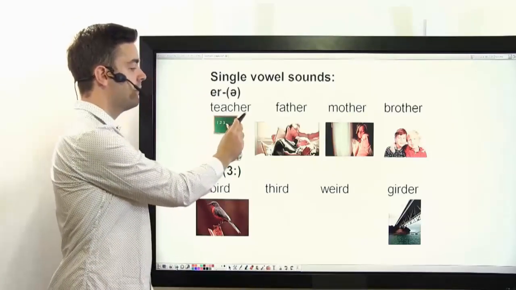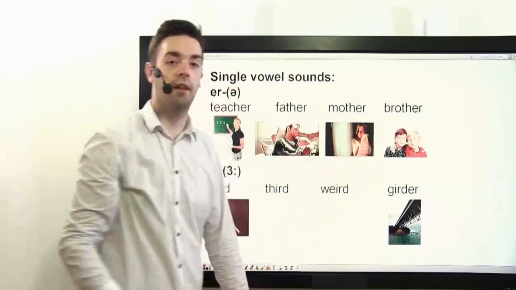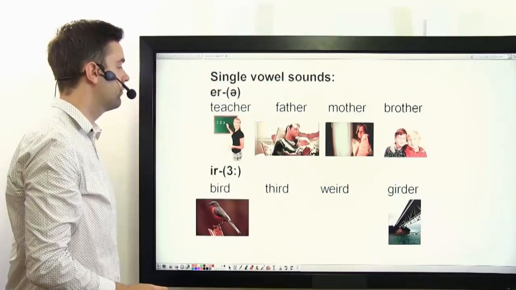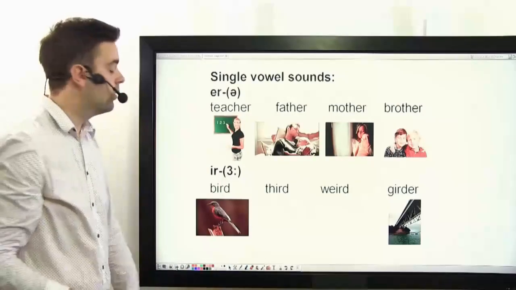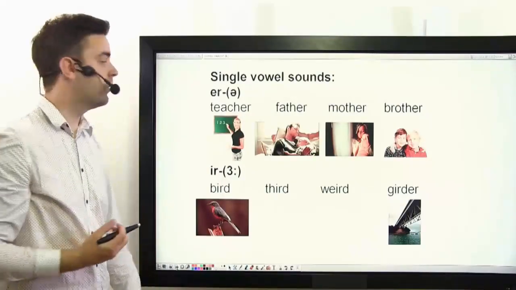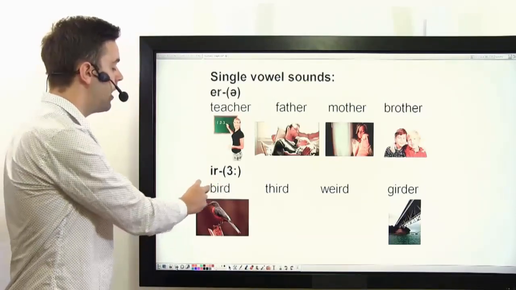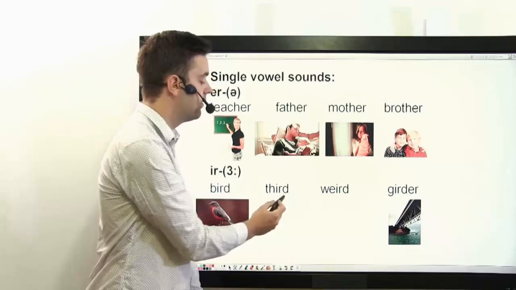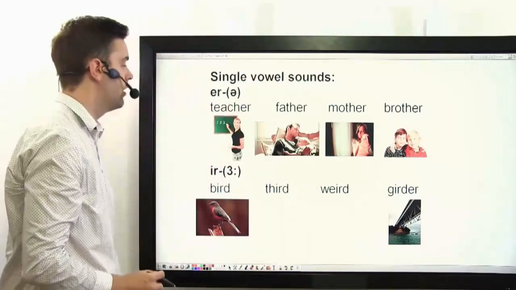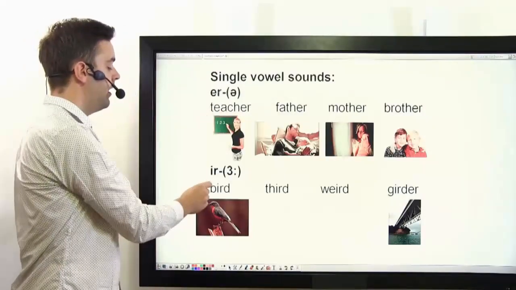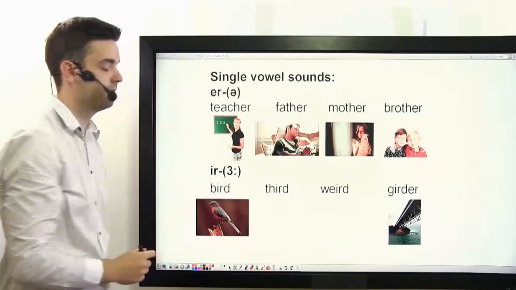So teacher, father, mother, and brother. When we join I and R together, we get an er noise. So bird, third, weird, girder. Teach, bird.